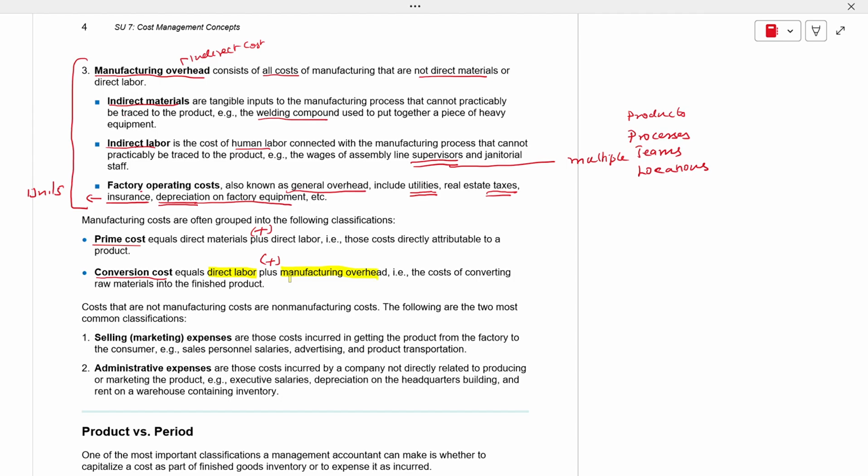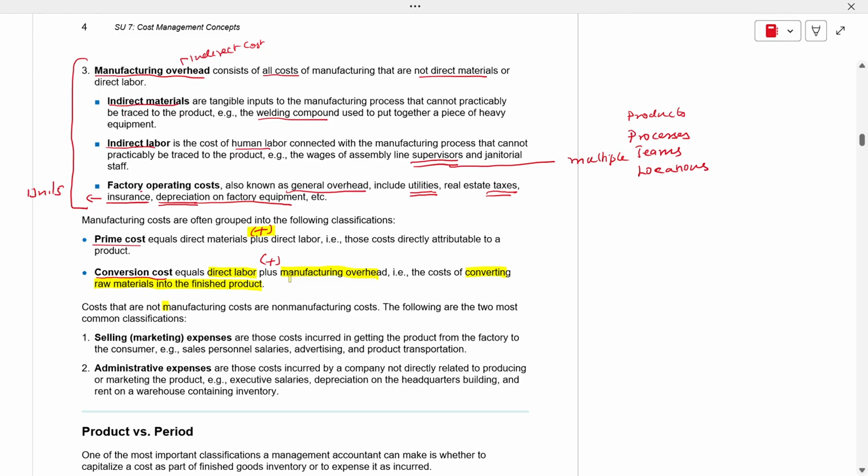So the concept is converting the raw material into finished product. We have to identify the conversion cost and calculate the manufacturing overheads. We have to make things very, very clear and very specific. Prime cost is nothing but direct material plus direct labor. Conversion cost is direct labor plus manufacturing overhead.